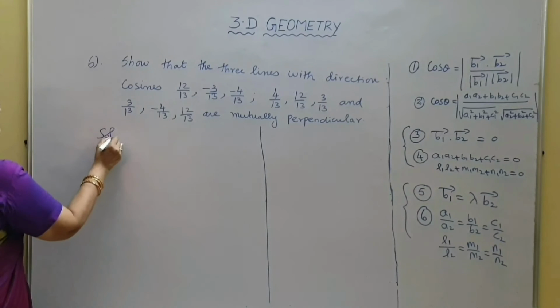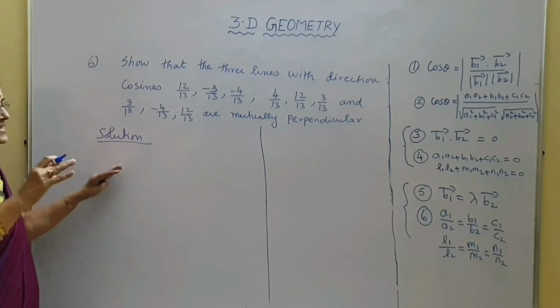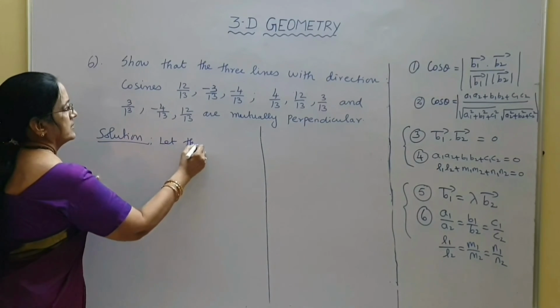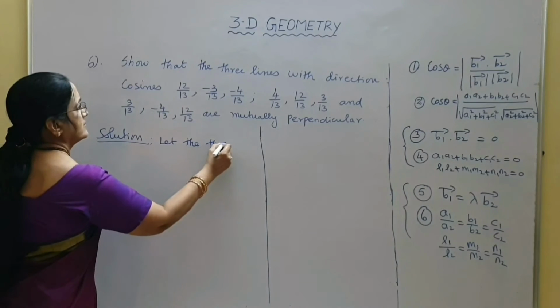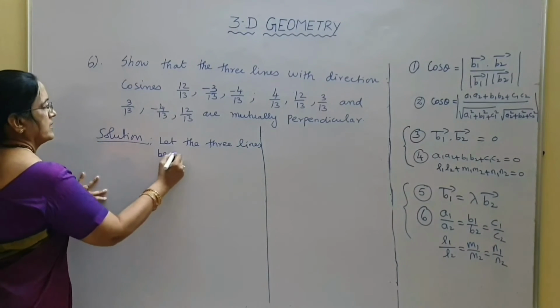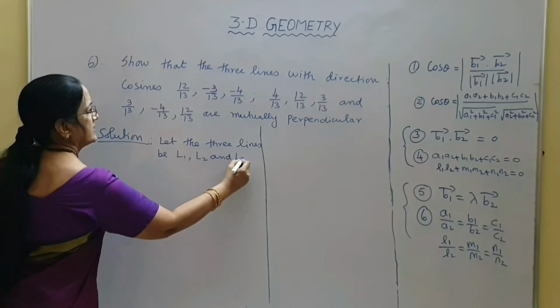Solution. First let us make the assumption. Let the three lines be L1, L2 and L3.